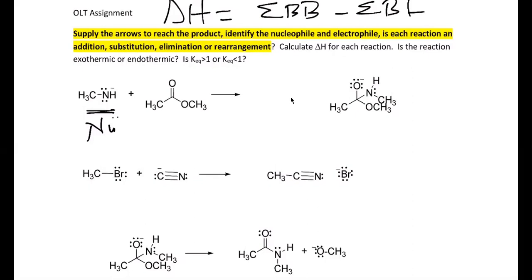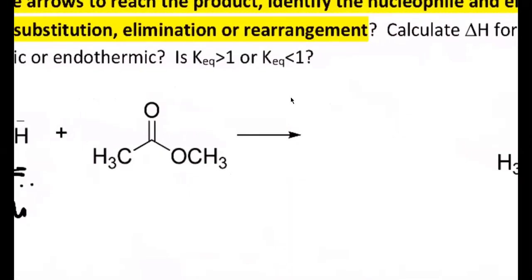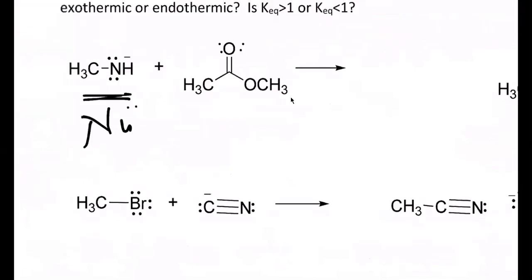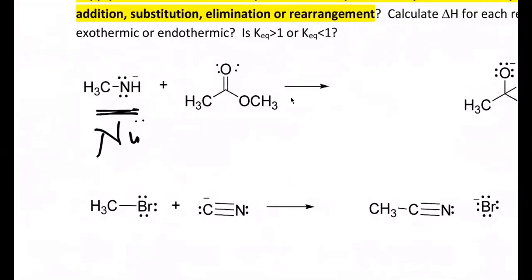So you can see that nitrogen has two lone pairs around it, let me fix that. The nitrogen is a negatively charged atom with two lone pairs of electrons.